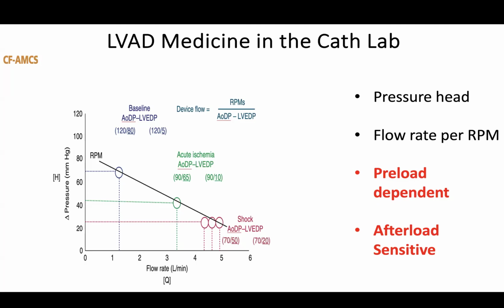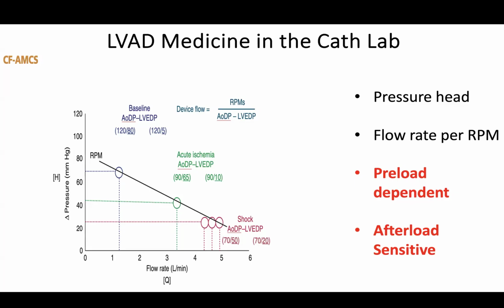At that point, although the machine will tell you that you're flowing at 3.1 or 3.5, your effective flow, that's only calculated. Your effective flow depends on your afterload. So at that point, whether you are supporting the patient or not, it's probably not, unless you get into trouble, right?